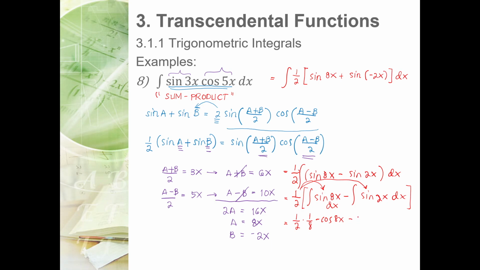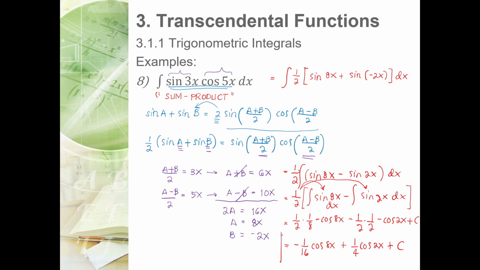Then minus 1/2, multiplied by 1/2 of the integral, that's 1 over 2 negative cosine 2x plus C. Simplifying your answer, that's negative 1/16 cosine 8x. Negative 1/2 times 1/2 times negative will be positive 1/4 cosine 2x plus C.